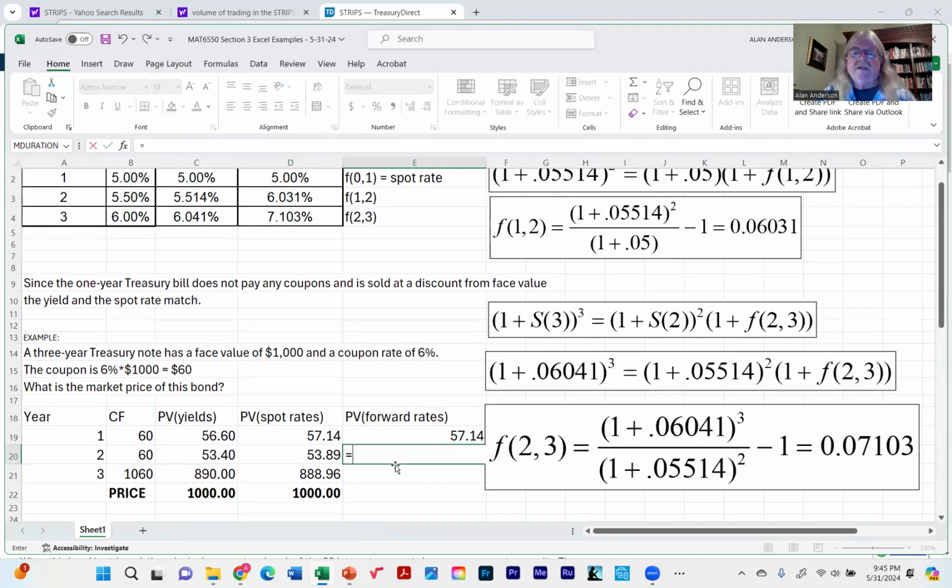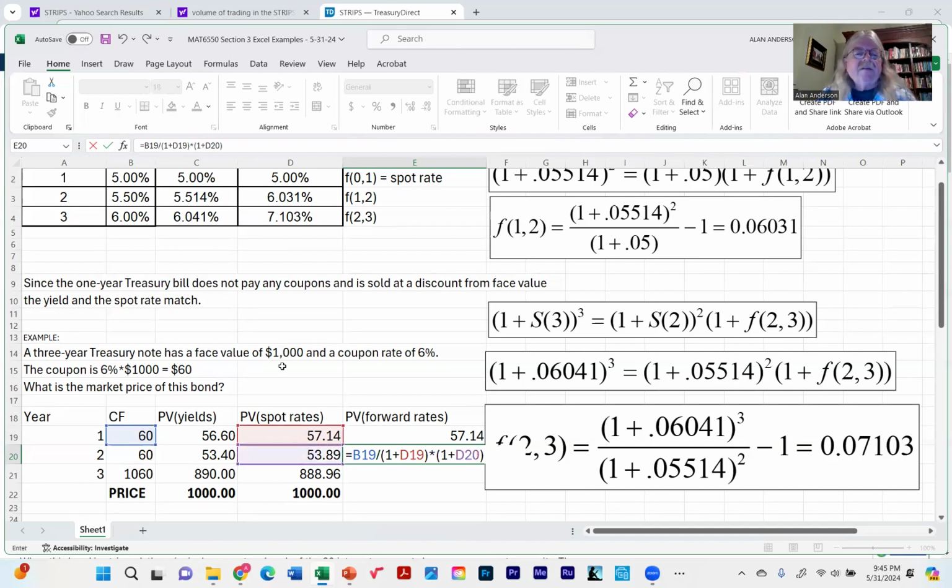But here we're going to need the 2-year cash flow divided by 1 plus... No, we'll start with the 1 year. Sorry. Yeah, this will be 1 plus the F0,1 times 1 plus F1,2.